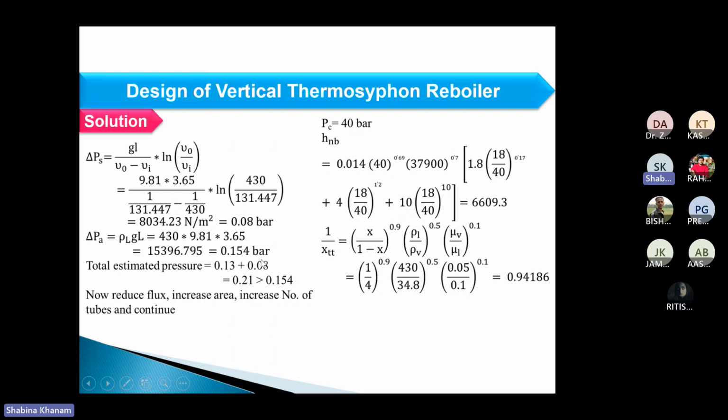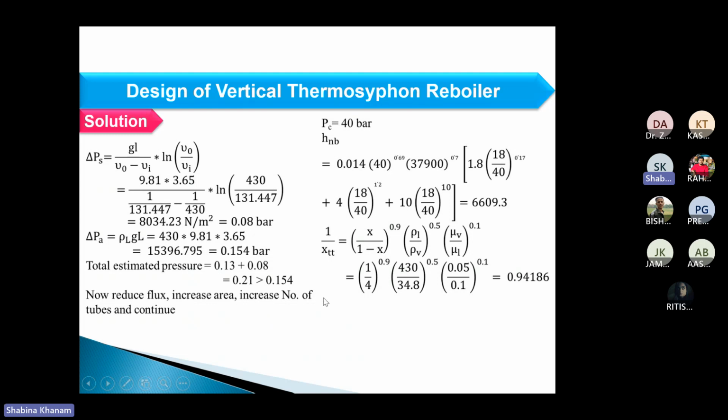And for the condition to have a valid recirculation ratio, this delta Pa should be more than this 0.21. But in this case the reverse is coming. It means the recirculation ratio cannot be maintained.